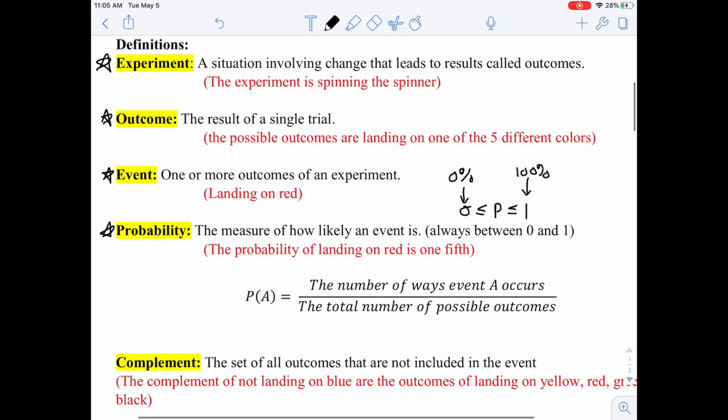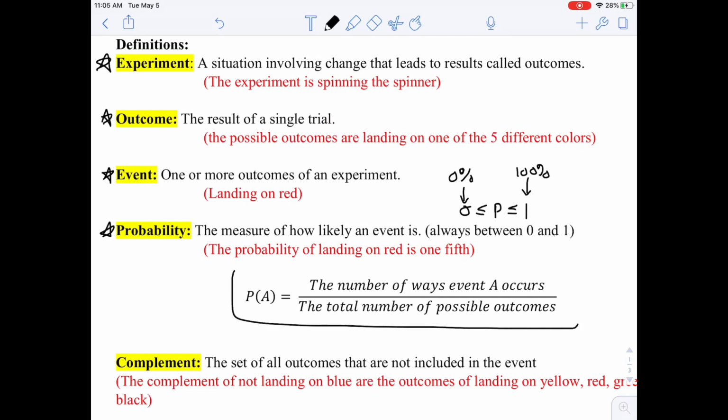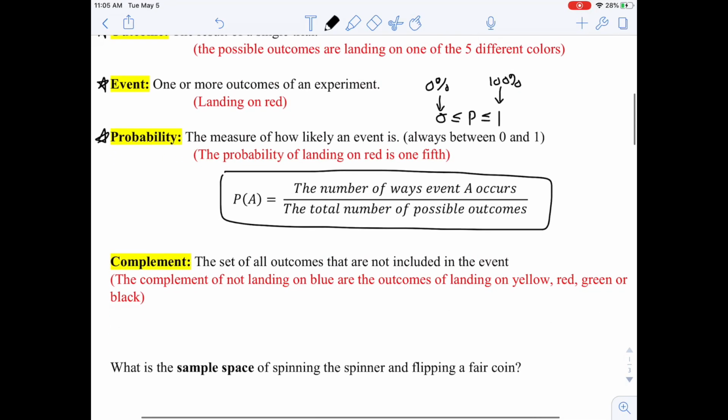And the way you find your probability is you're going to take the number of ways the event that you want to happen, or in this case we'll call event A, can occur, over all the possible different outcomes that could happen. And our next and last vocab word here is complement. A complement is the set of all outcomes not included in the event.